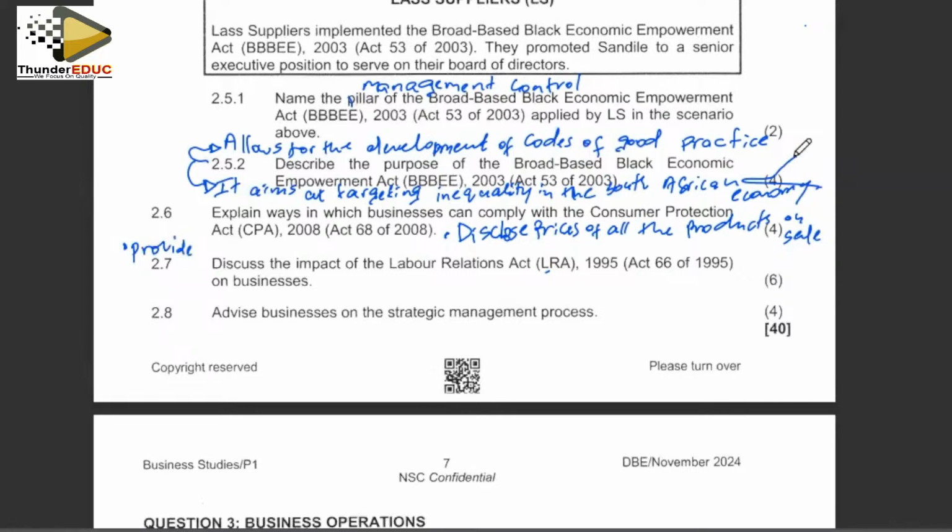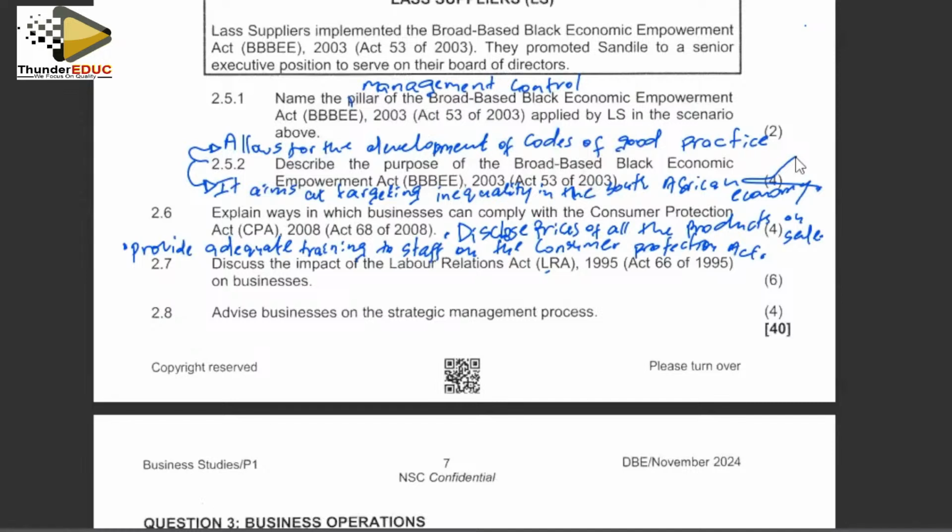Provide adequate training to staff on the Consumer Protection Act.